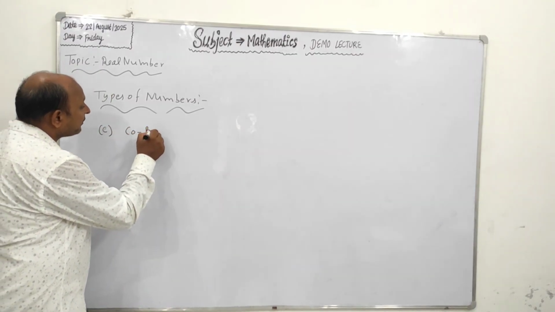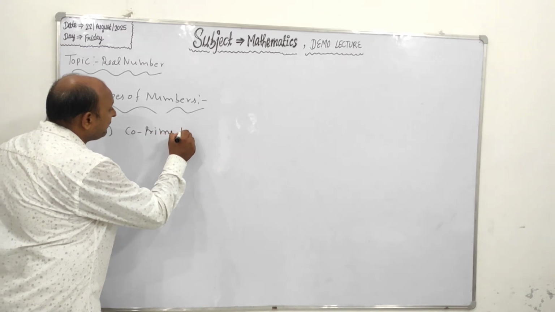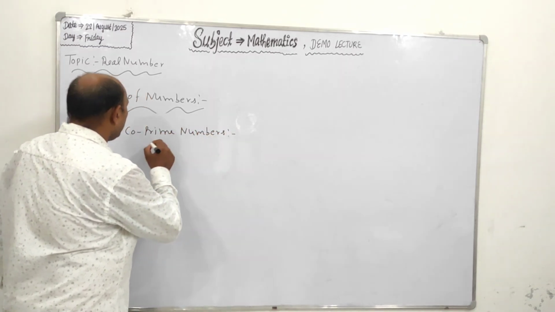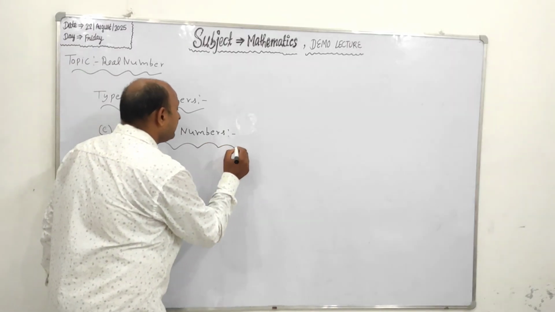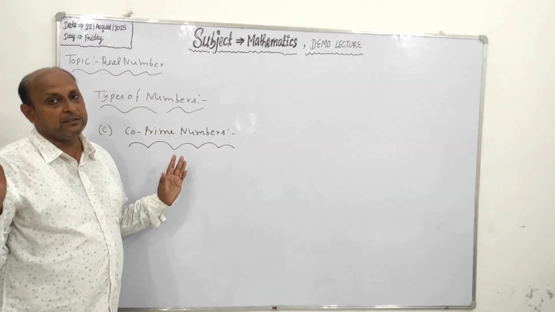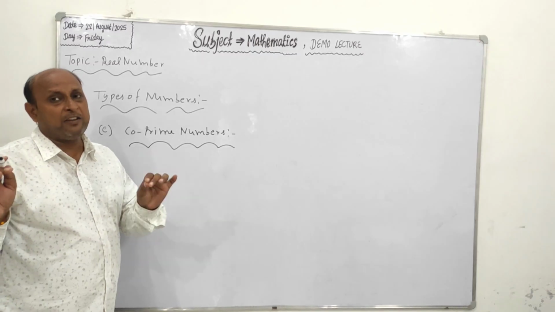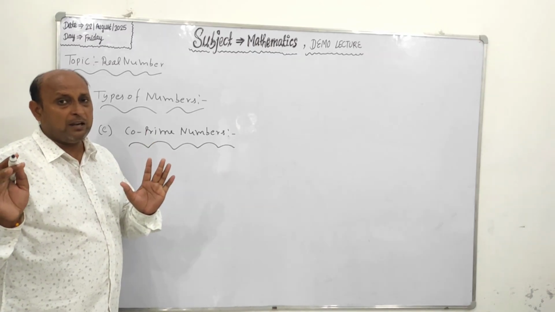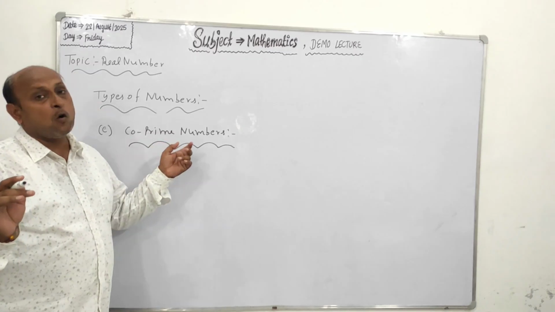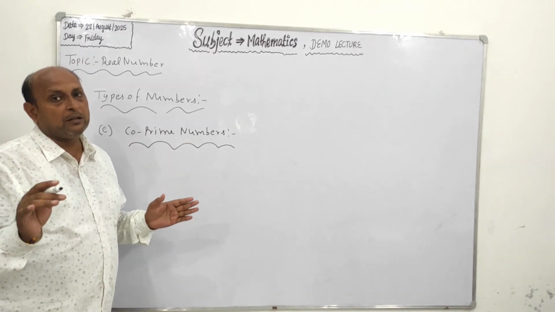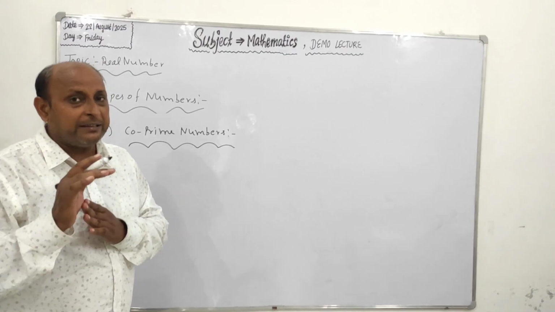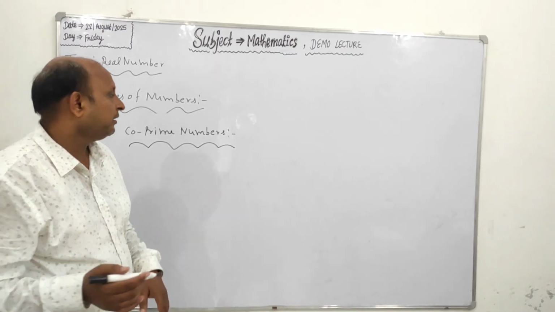Co-prime numbers. Students, co-prime numbers are very easy. A simple definition you have to learn to understand co-prime numbers. I think all of you know about HCF, meaning highest common factor.